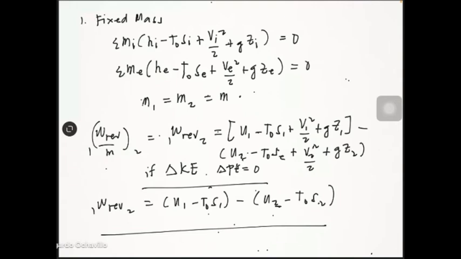This is Hi plus Vi squared over 2 plus GZI minus the summation of mass leaving. This is He plus VE squared over 2 plus GZE.